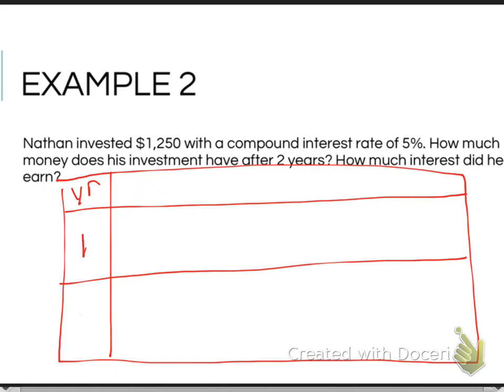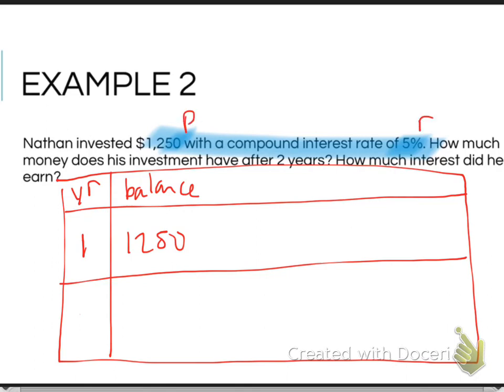Instead of saying starting balance, let's say balance. His balance starts out at $1,250, not $12,000. Sorry, lots of numbers today. With a compound interest rate of 5%. That's my P and my R, and my time is 2 years.